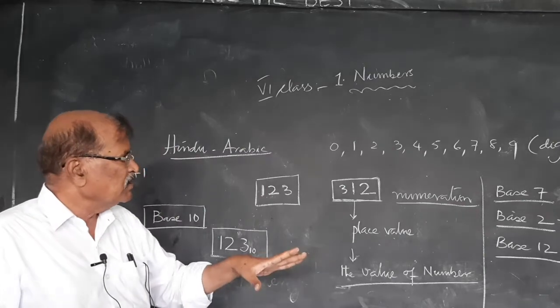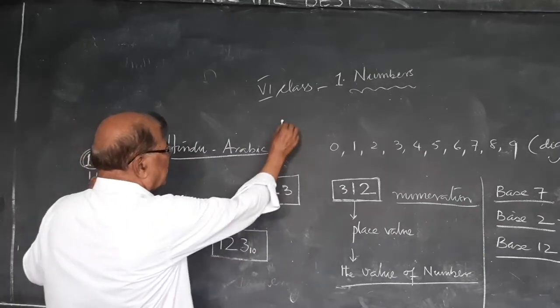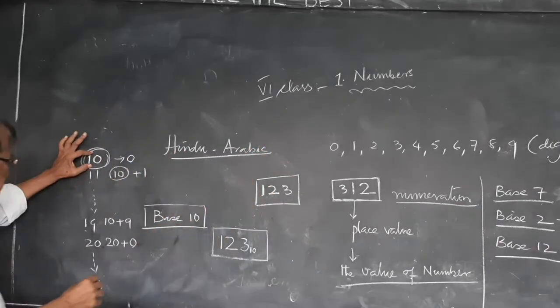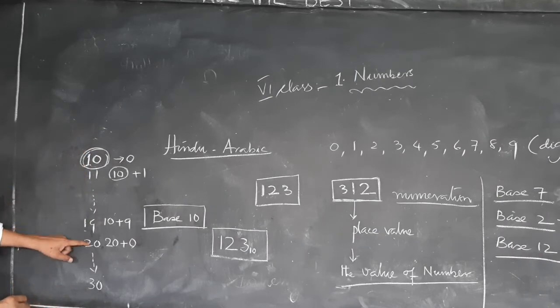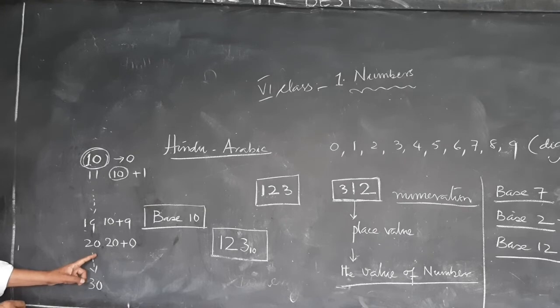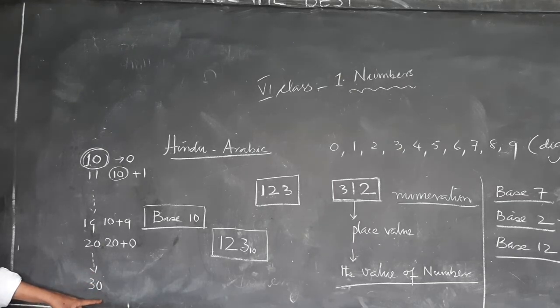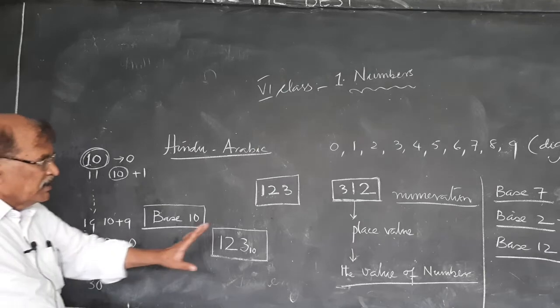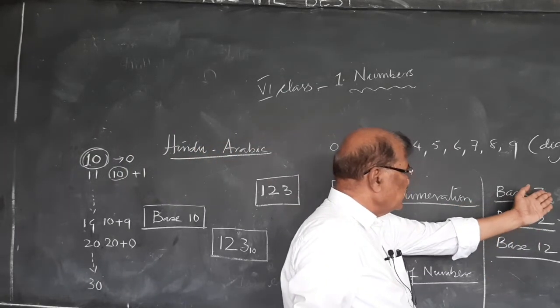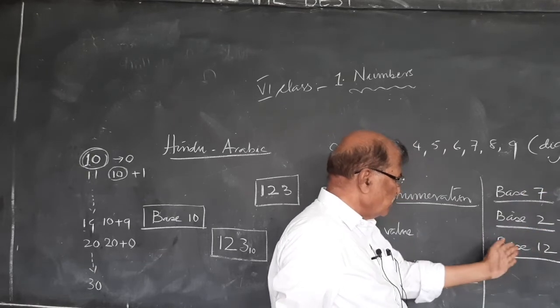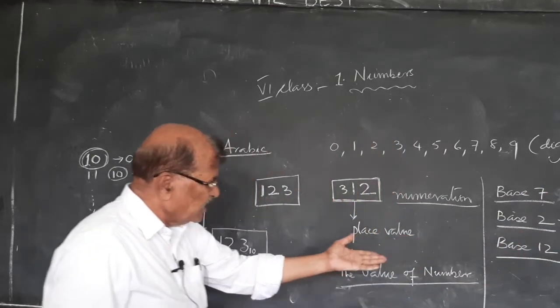It repeats, just like 10, 11, 12, 13, 14, 15, up to 20, again 21. 1 is repeated. So again 29, 30, again 31. Here also it repeats the same. So base 7 means the days of the week. Base 12 means the months in a year.